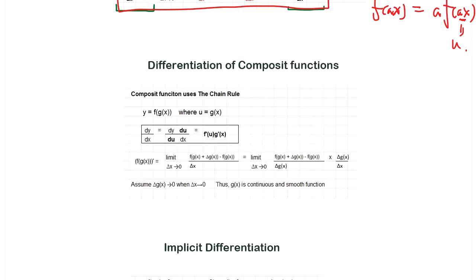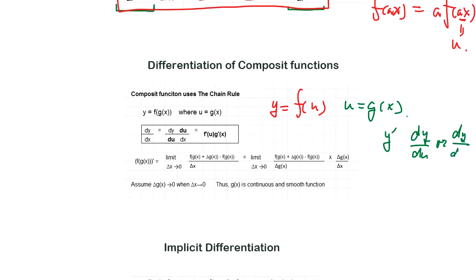Oh, here you go. That's another example. When you have a function of function, okay, y equals f(u), and this u is g(x). So what is, when you write, this is confusing. Is this dy/du or dy/dx?